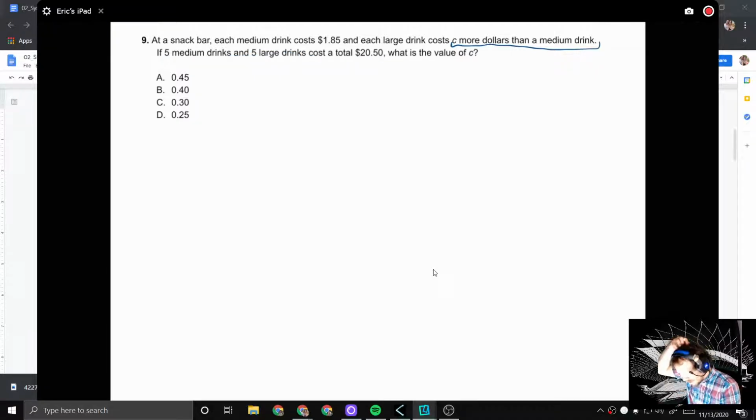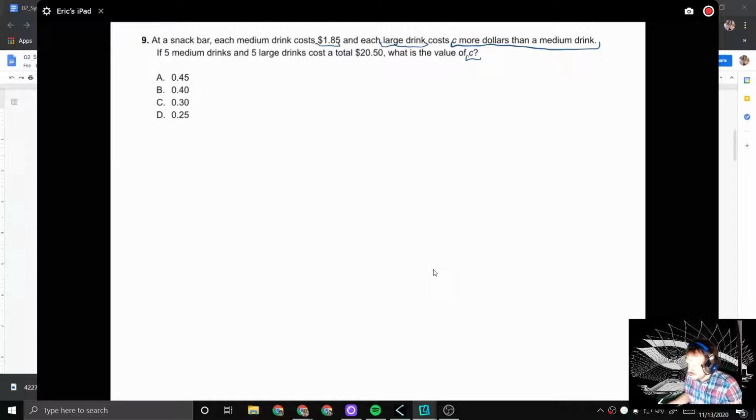Okay, so looks like they want me to set up a system, right? And when I'm looking at this problem, that word and phrase occurs to me. I'm going to set up a system, and then I'm going to solve the system, and I'm going to get the value of C. The things that I know are the cost of the medium drink and the cost of the large drink.